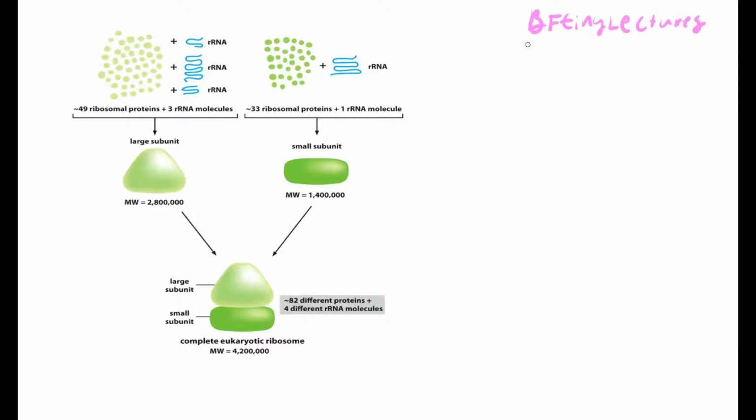In general, for eukaryotic and prokaryotic organisms, the large subunit is the one that actually catalyzes peptide bond formation.